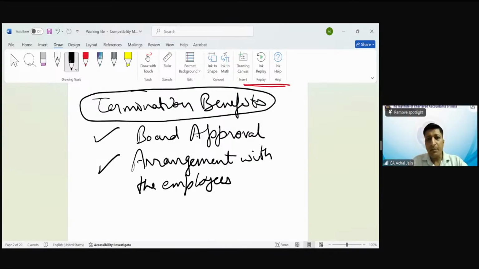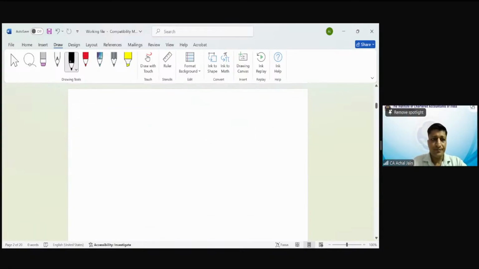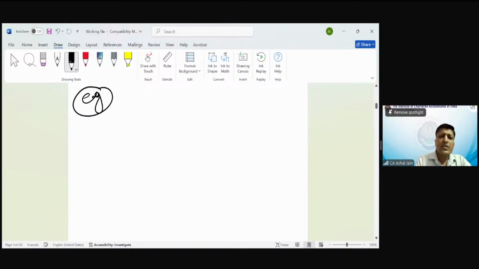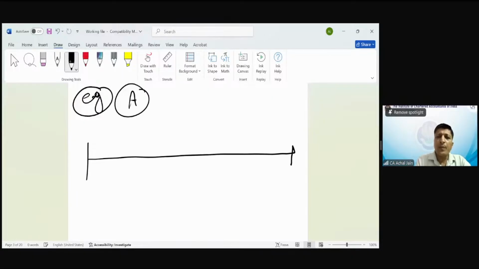So let's take an example to discuss this. Say there was an employee A. Now A was getting, let's suppose, a compensation salary each year. Let's suppose it was 10 lakhs, then 11, then 12 lakhs, then 13, 13.5. So this was the salary the employee was getting each year.